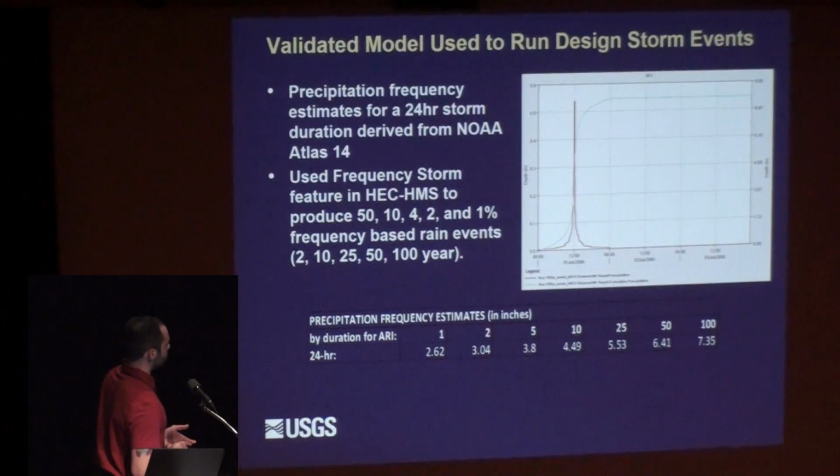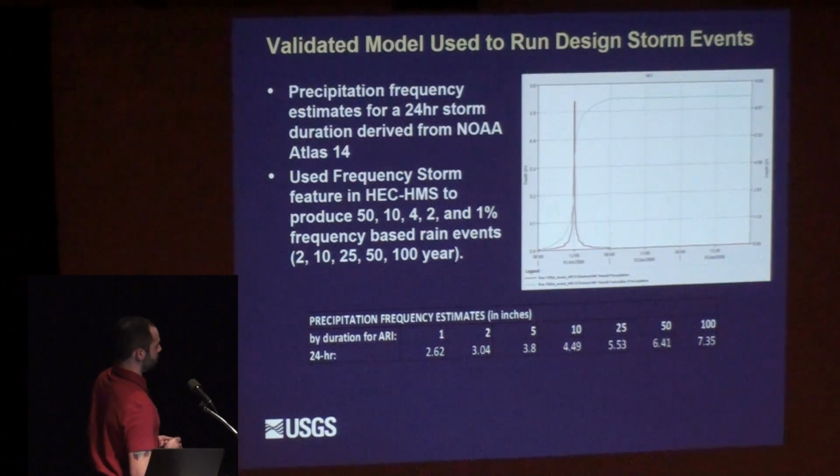And so for this model, I modeled five different conditions: your 50%, 10%, 4%, 2%, and 1% frequency-based rain events, which is also the same as your 2, 10, 25, 50, and 100-year event.